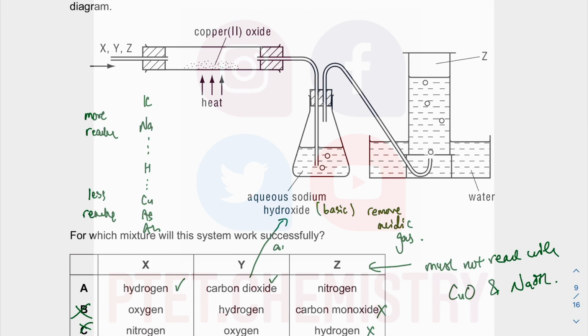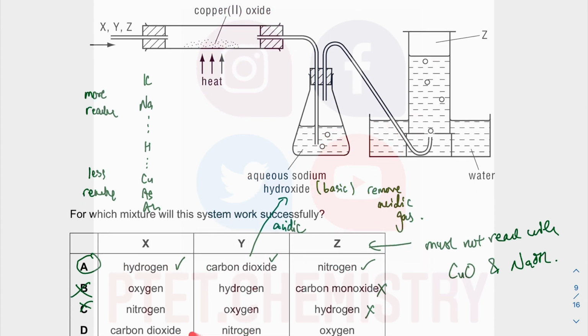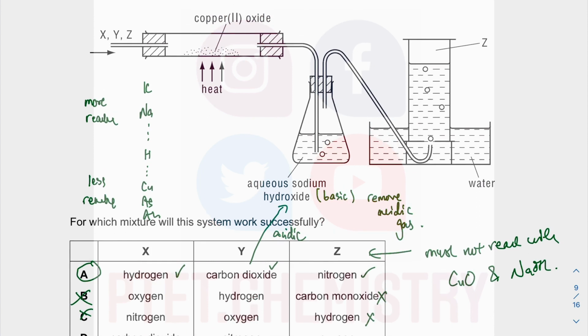Carbon dioxide is acidic, that thing is basic, they get neutralized, the hydrogen reacts there so there is no more hydrogen, and it will leave you nitrogen, which is unreacted, and you can collect nitrogen. So I think we are okay with A, but let me just check this here. Carbon dioxide will not act as a reducing agent because it's not carbon monoxide. Nitrogen will not act as a reducing agent either, so nothing will be done here.